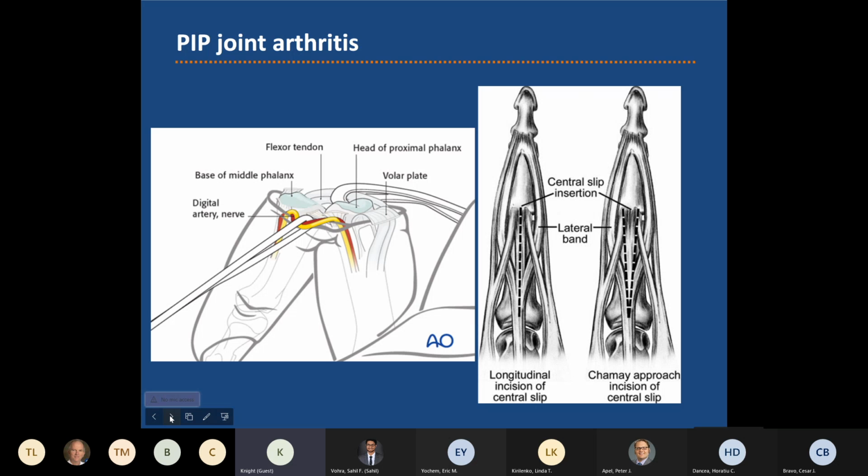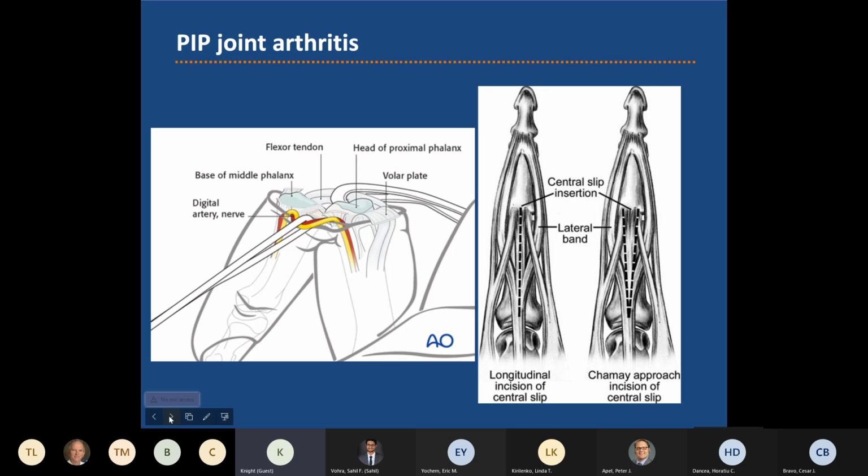So you can either do a central incision, or you can try to spare the central slip. With the dorsal incision, I'm limited, having done several of these but not hundreds.